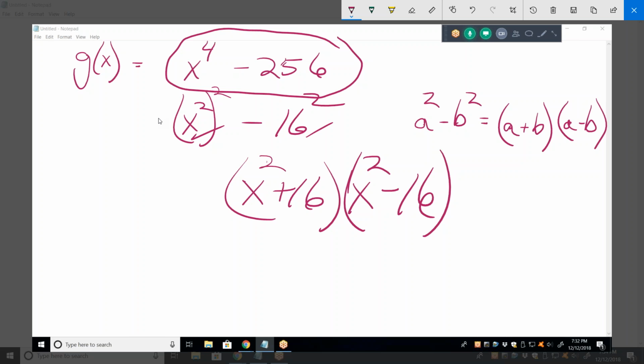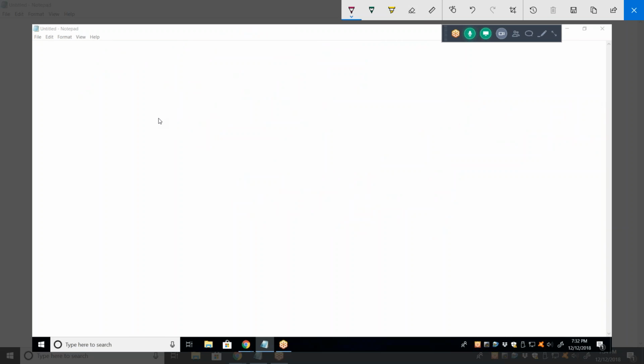So sometimes you have to look beyond what you just see and see if you can treat it as something that you know how to do. In other words, normally we don't know how to factor the difference of perfect fourths.